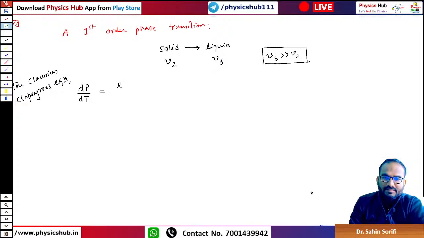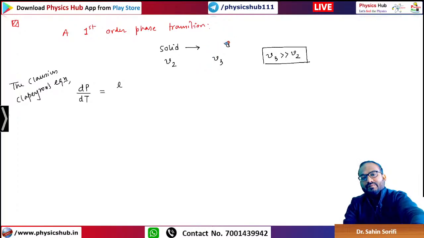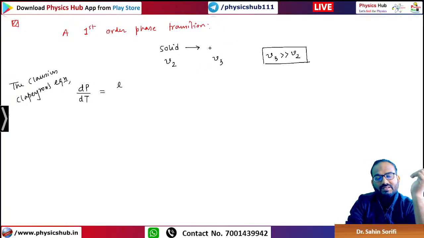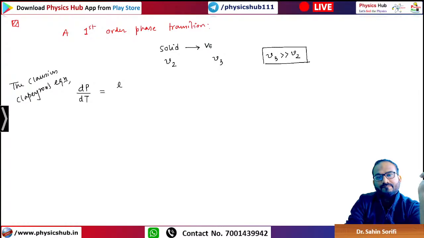It is called melting, right? But if, let's say, it goes directly from solid to vapor, avoiding the liquid, then this equation rightly holds.